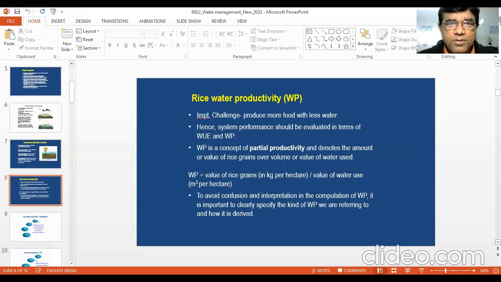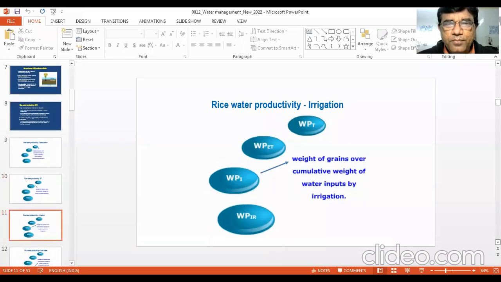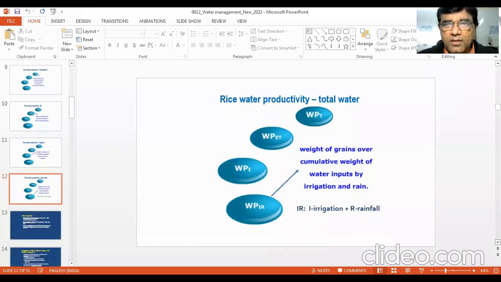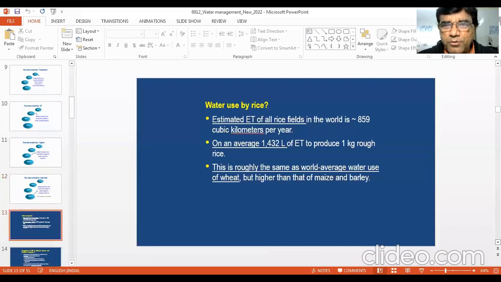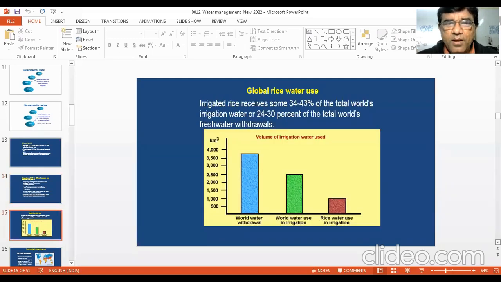And we have also seen rice productivity, rice water productivity, water use efficiency, water use by rice, and then comparison of water productivity in different seasons and locations is not good. We should compare only within one season. Kharif season rice cannot be compared with Rabi season rice so far as water productivity is concerned.